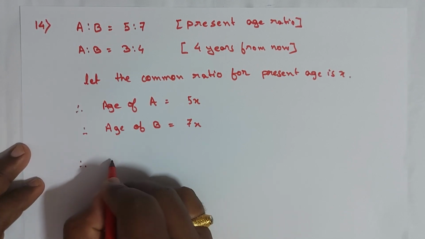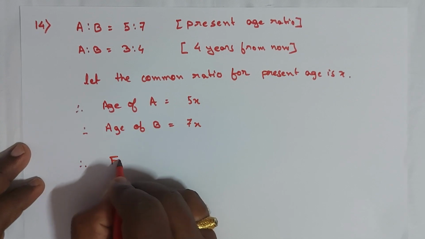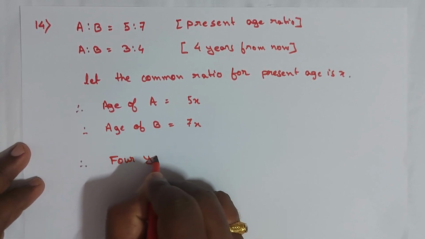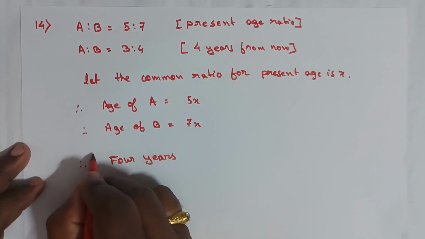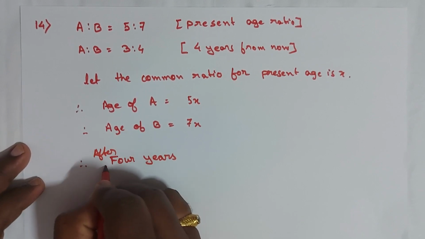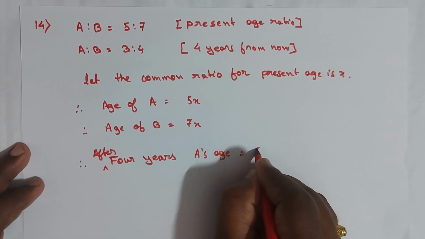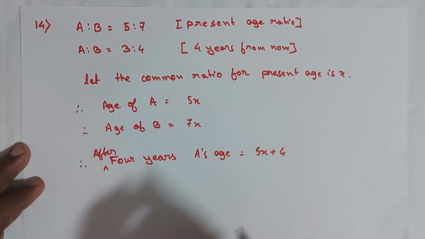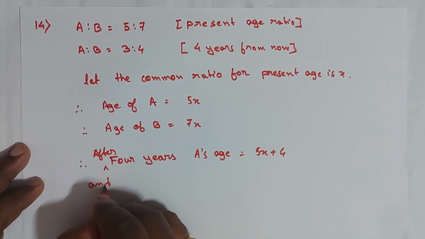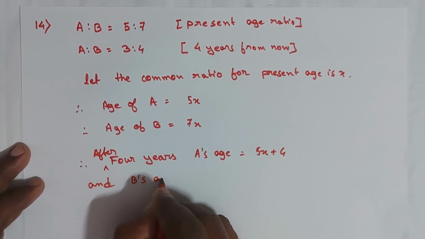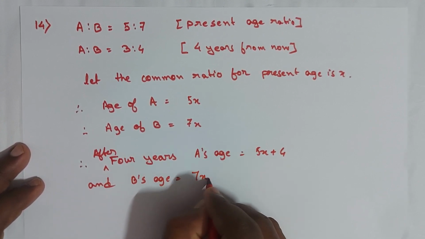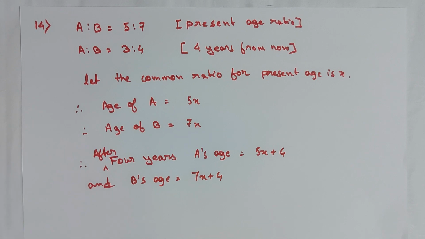So after 4 years, A's age equals 5x plus 4 and B's age equals 7x plus 4.